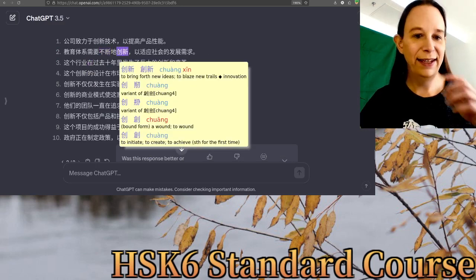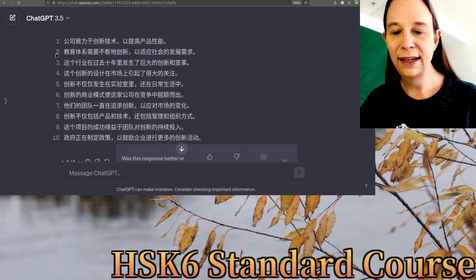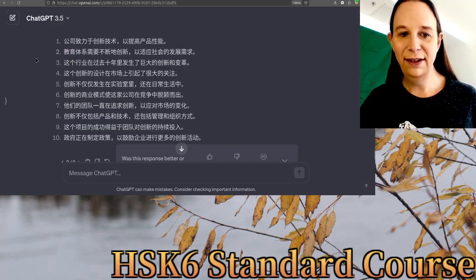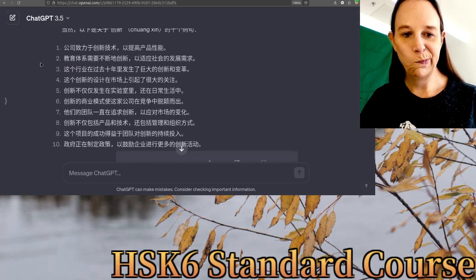Okay, so here it's definitely a verb. 教育体系需要不断的创新. So the education system needs to continuously innovate. All right.